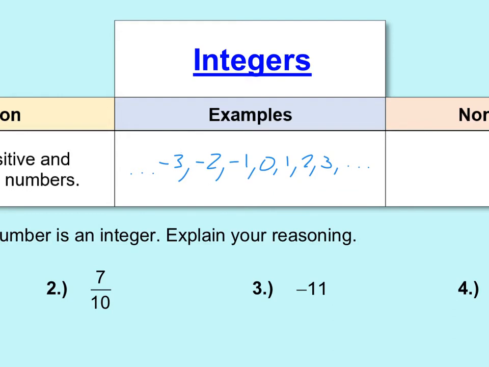And what that means is it just shows the pattern continues both directions, and we're counting by ones because we just want the wholes. 0 is a special integer. It's the only one that's not positive or negative, but we're just counting in the positive direction, whole numbers, and the negative direction, whole numbers.